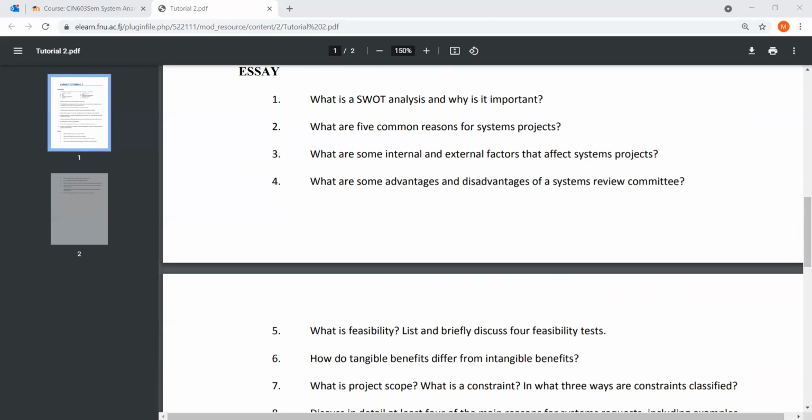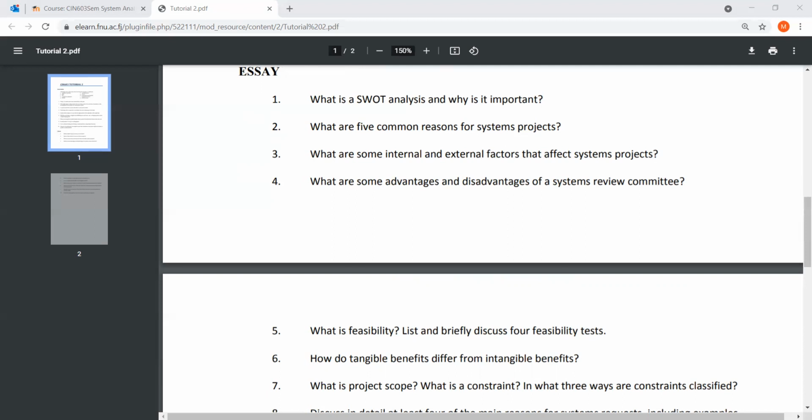That document is called a systems request. That systems request document is assessed and evaluated by a committee, and that committee is called a systems review committee. So systems review committee, they evaluate systems requests.